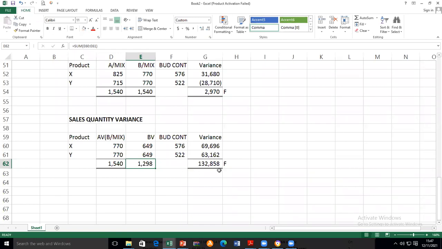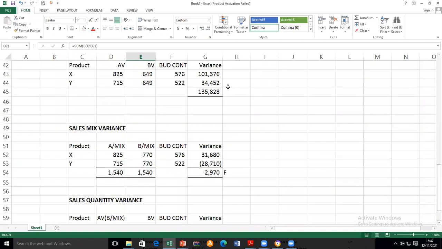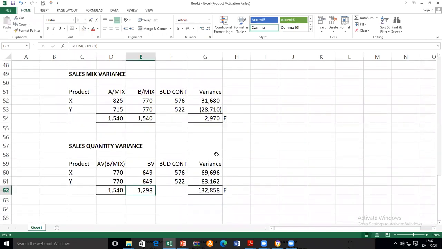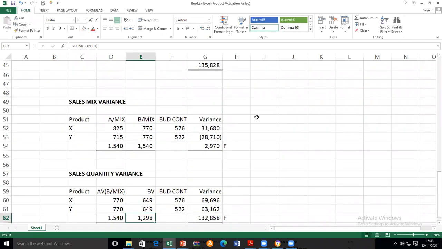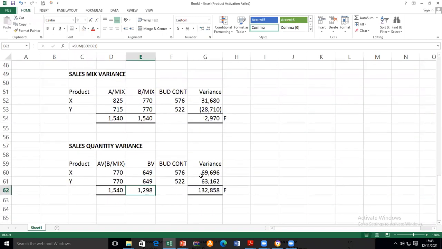And these must add up: this one and that one must add up to the volume variance. Good, you have done well.